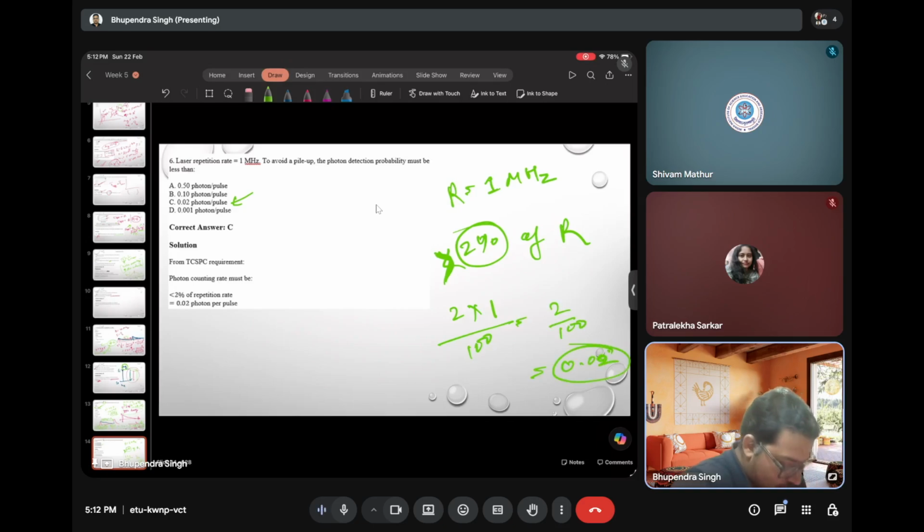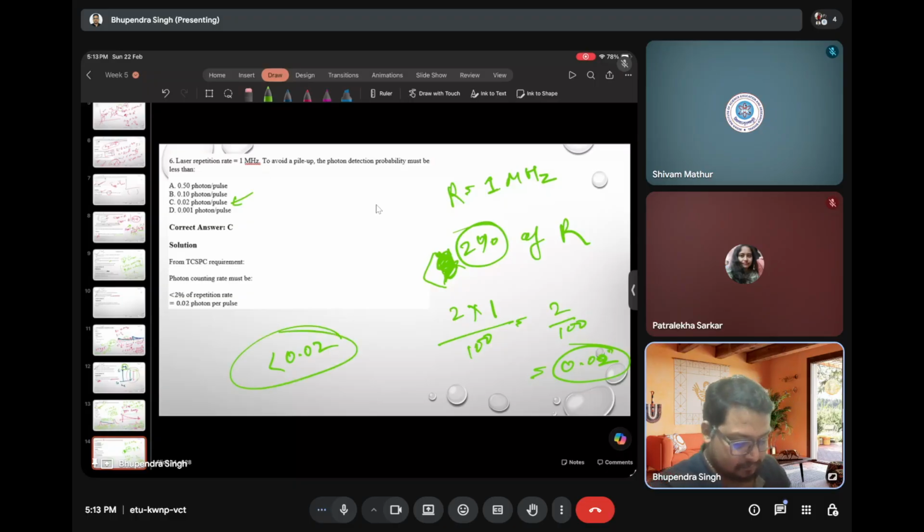Oh, this sign is wrong. This should be like this. So repetition rate should be less than this. So this is the photon per pulse.